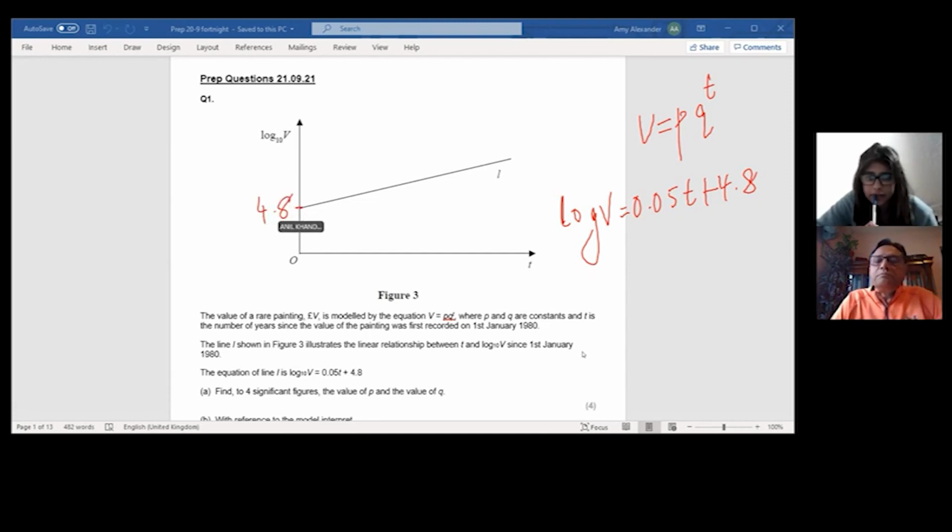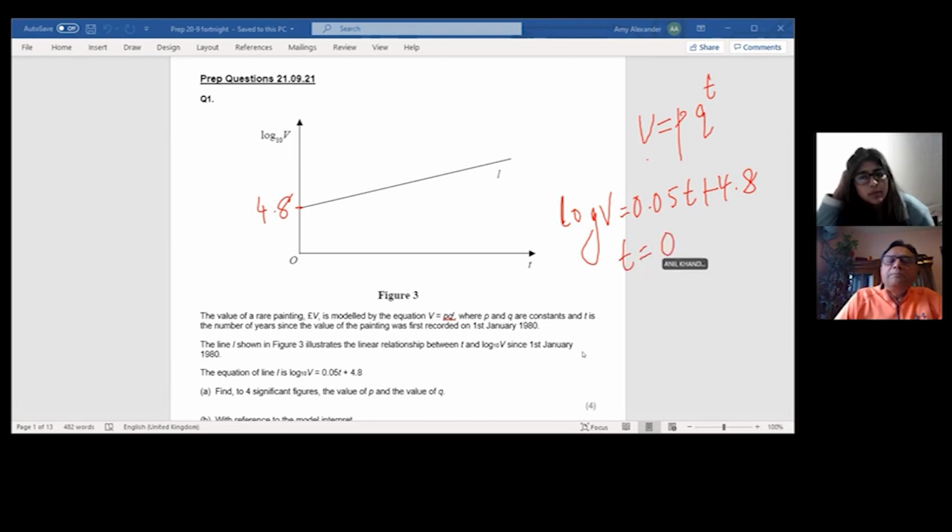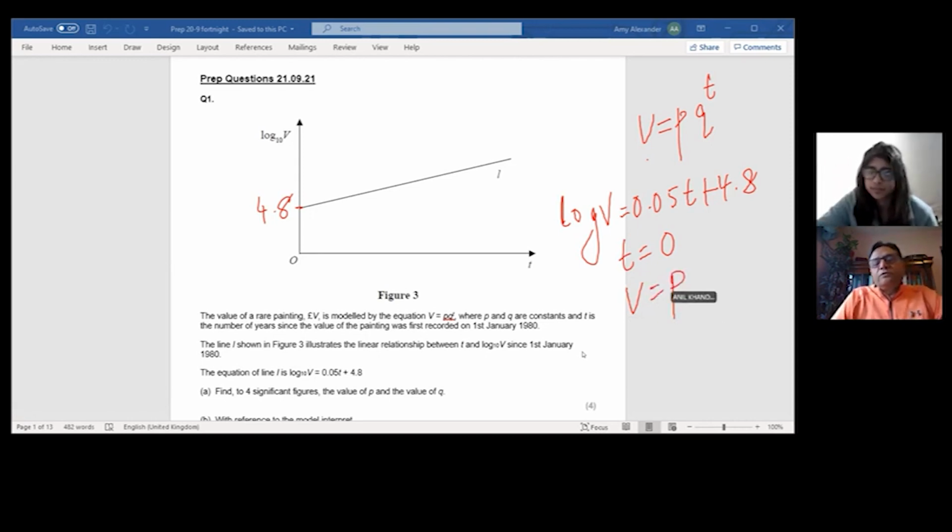We need to find the value of P and Q. If I put T equals 0 in this equation, I get V equals P. So at T equals 0, V equals P.